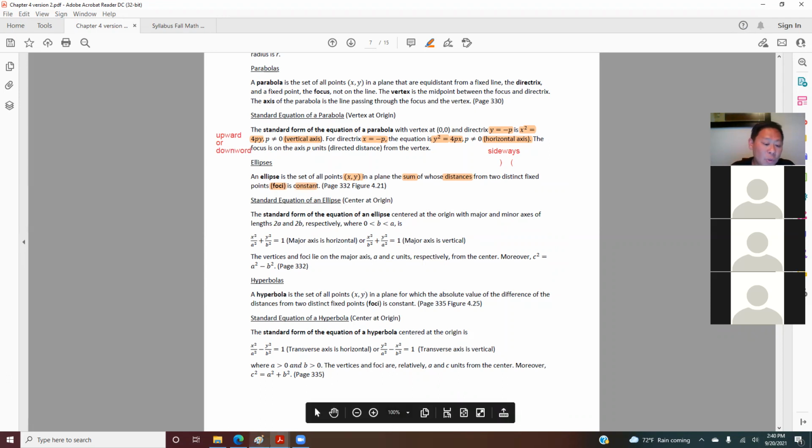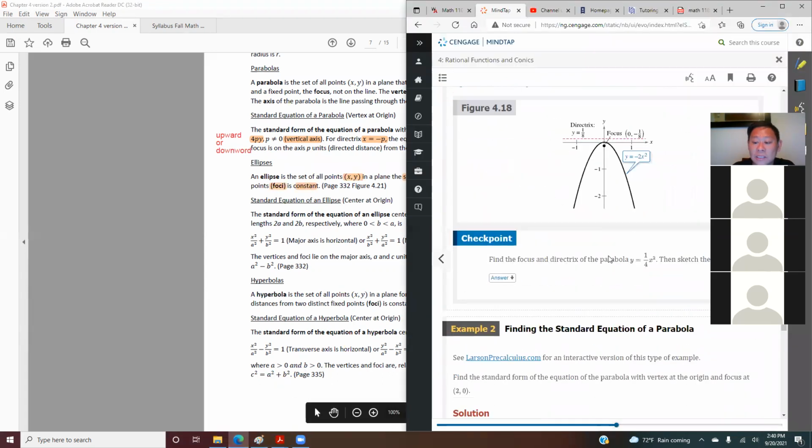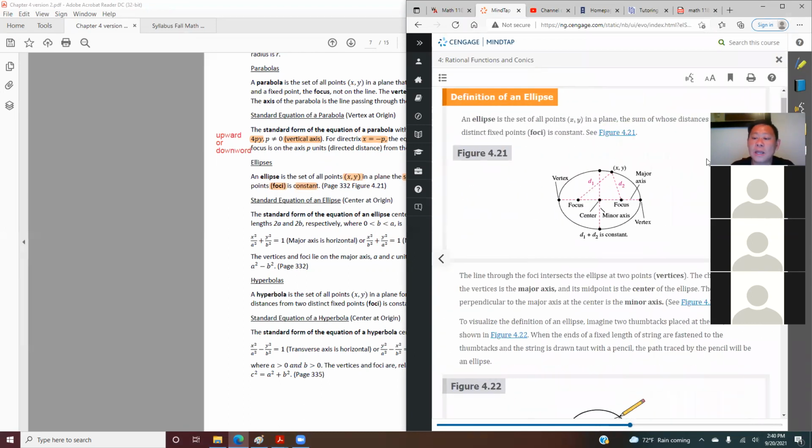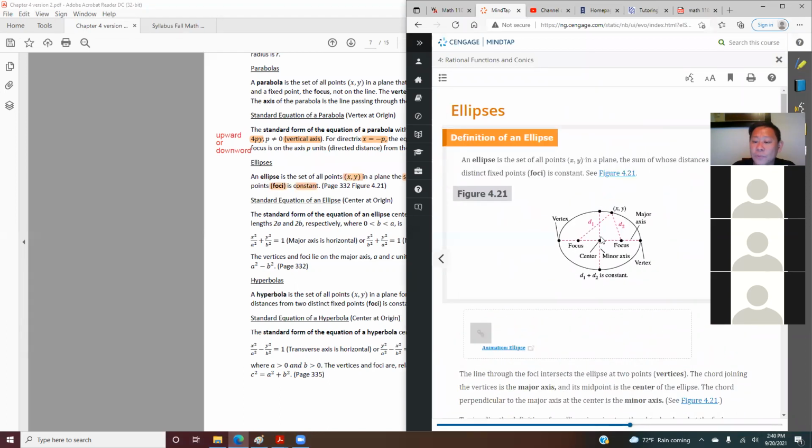So let me show you what an ellipse is. If I give you a picture, you can see more clearly what an ellipse looks like. The next picture. There you go. So this is an ellipse. It has a center, and it has foci because you have two, and here is a point x, y.